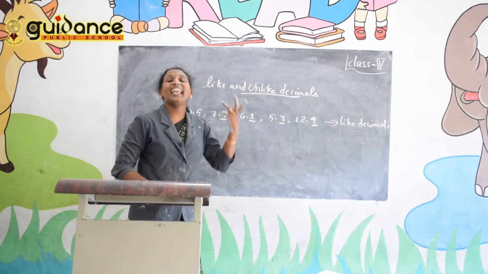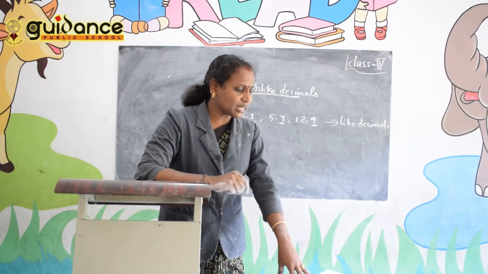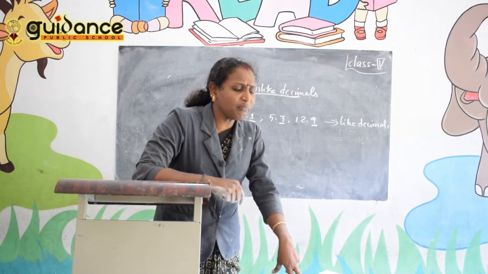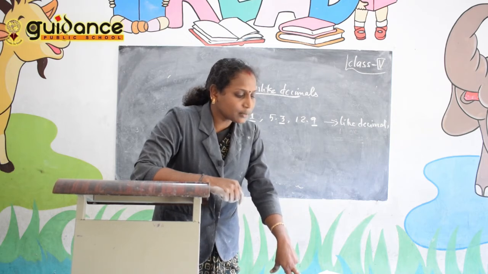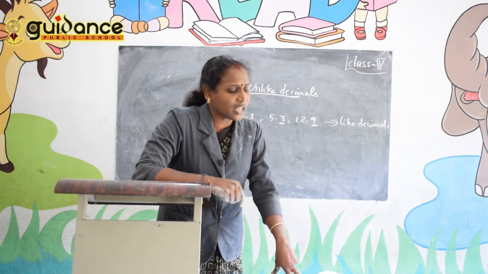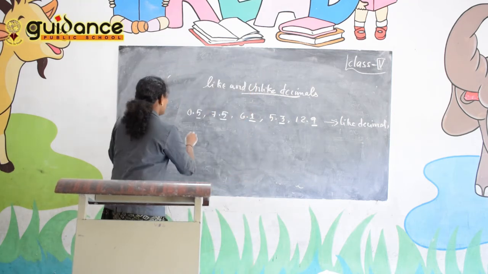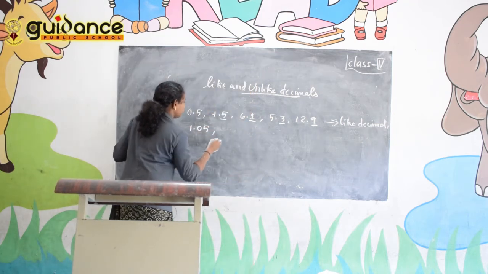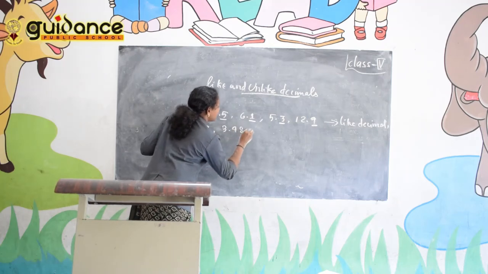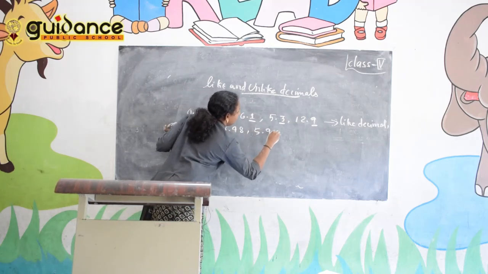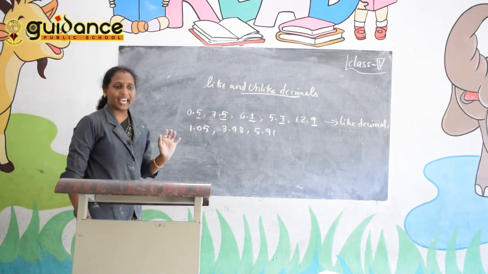So these are like decimals. What are like decimals? Decimals having the same number of decimal places are called like decimals. Okay, another example: 1.05, 3.98, 5.91. This is also a set of like decimals.